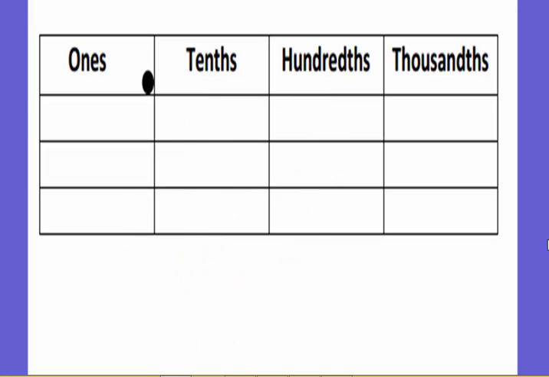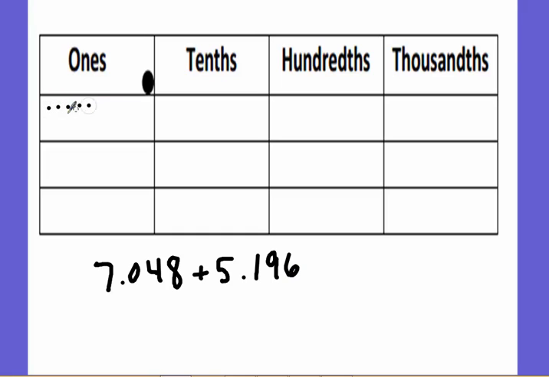Alright, let's take a look at our next one. I have 7 and 48 thousandths plus 5 and 196 thousandths. I have 7 ones, 1, 2, 3, 4, 5, 6, 7. Then I have 48, or 4 hundredths, 1, 2, 3, 4.